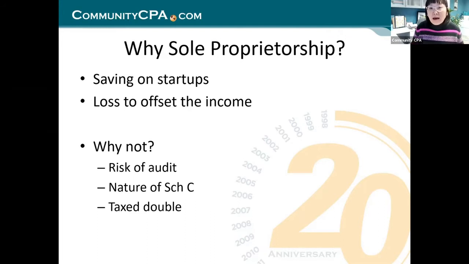But there are people who don't want to be sole proprietors. They don't think this entity is the good way to do business, and we tell you why. Risk of audit. Under Schedule C, every major IRS office around the country has a special unit called the self-employed business unit. They audit nothing but Schedule C business owners.